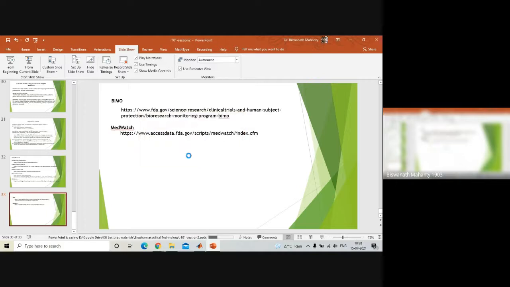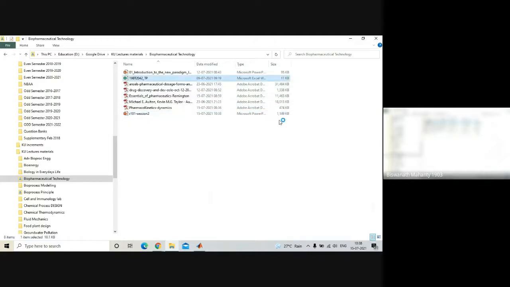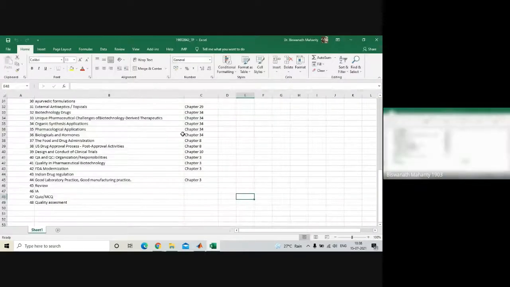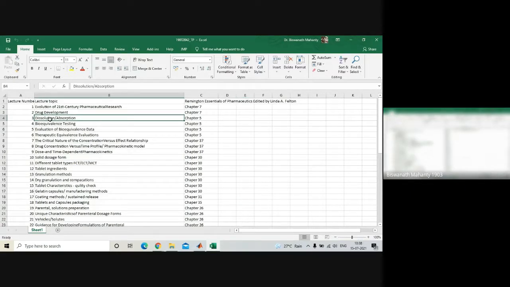And okay, the next components we are likely to discuss today. Dissolution and absorption we are going to look at.